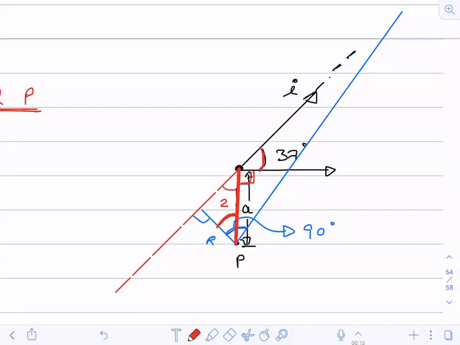What will be this angle X? I can write 180 minus 90 minus 37, so I get 53. So this angle becomes 53. If this is 53, this becomes 37. So one angle is 90 and one angle is 37.